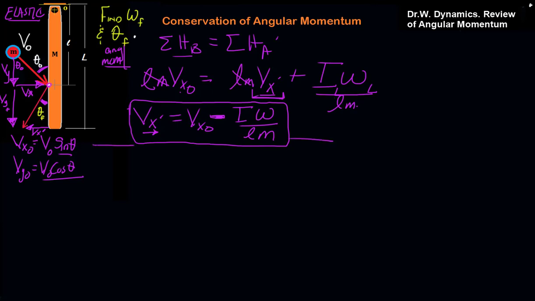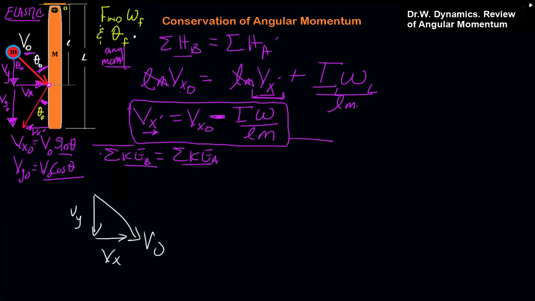Next we'll apply conservation of energy. The sum of all the kinetic energies before should equal the sum of the kinetic energies after. And we have an interesting event over here. If we take a look at this for a second, we have V0 coming in, and we know that it has a Vy and a Vx.